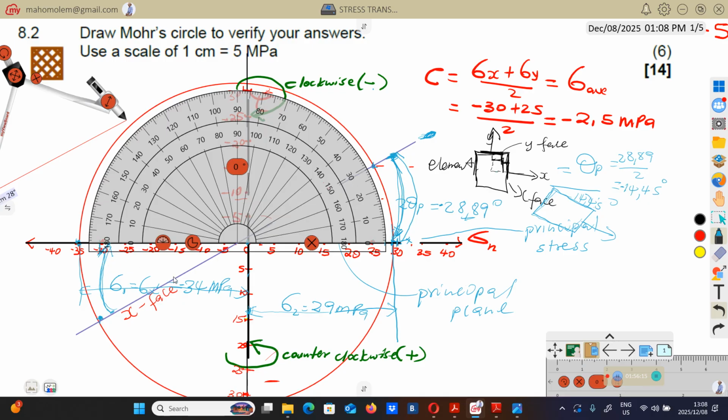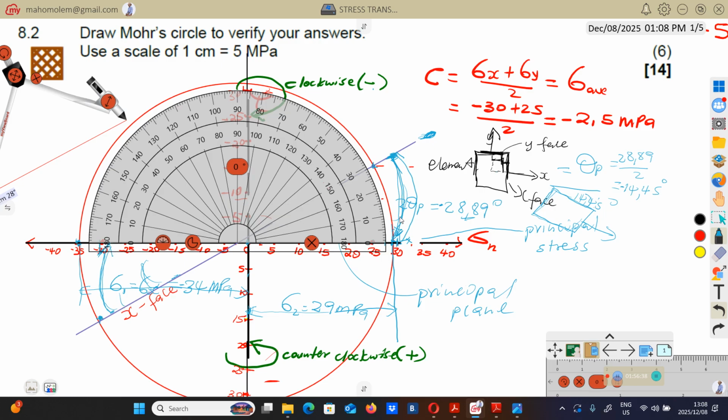When you measure this angle, remember this angle will be equal to this angle. Corresponding angles are equal. You will still get 28.89 here. When you move this X face to this principal plane line, you will move it by this angle from here to there.